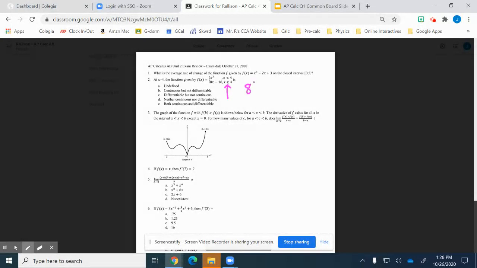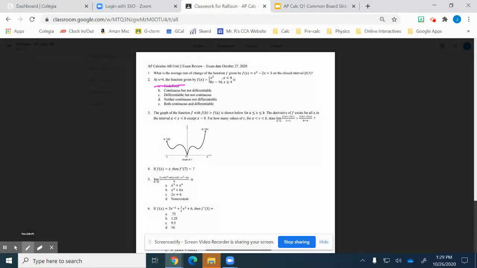And 8 times 4 is 32 minus 16 equals 16. So this function certainly is defined at x equals 4.